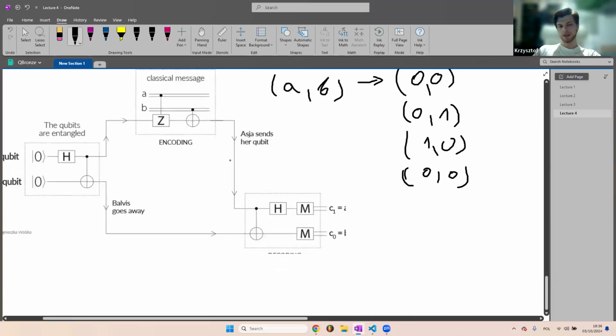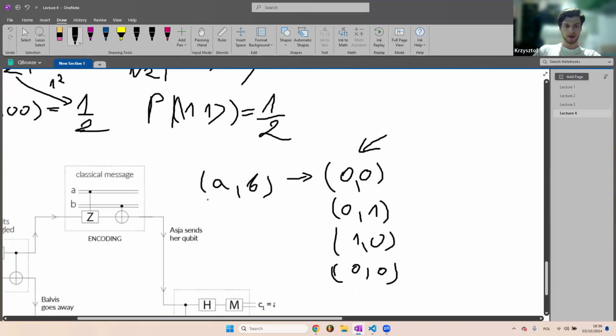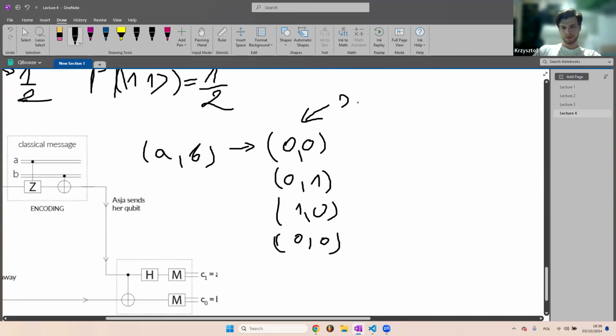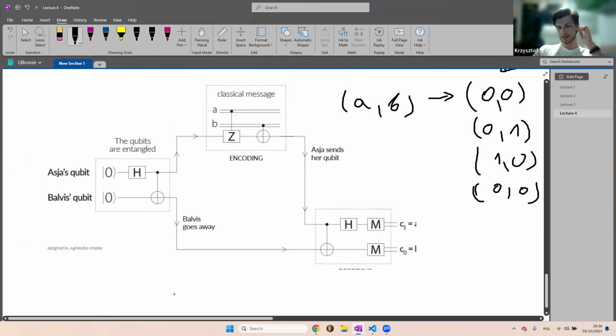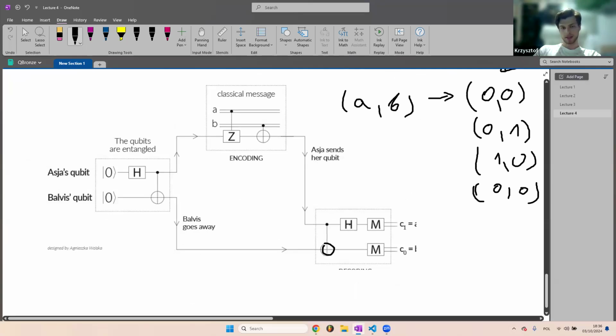And in classical computing, she would have to send 2 bits of information, right? For Balvis to receive a message, 2 bits. But in quantum computing, in this case, she may only send her 1 qubit to Balvis, and then he would be able to measure correctly the state and get the message she wants to send, but only with 1 qubit, because the other one is kept.